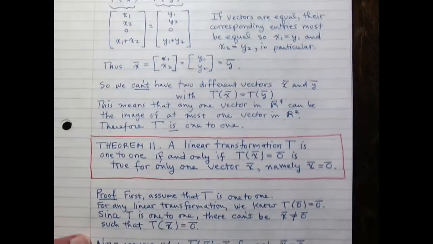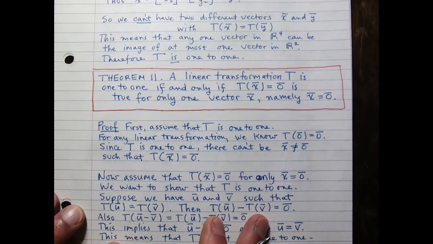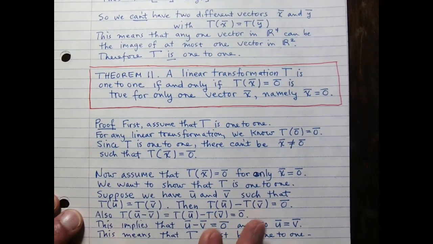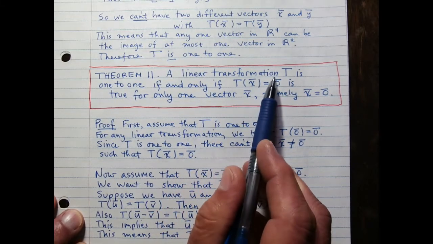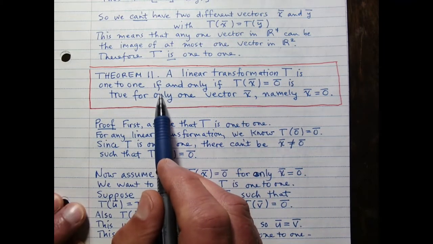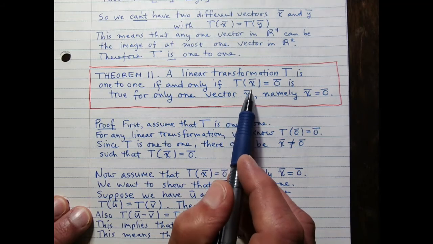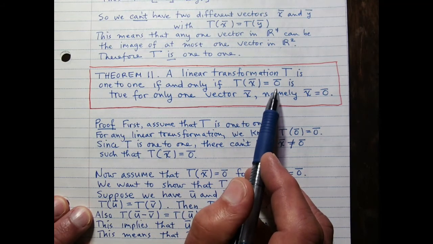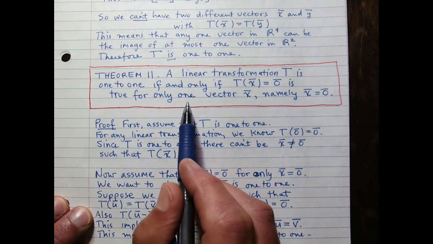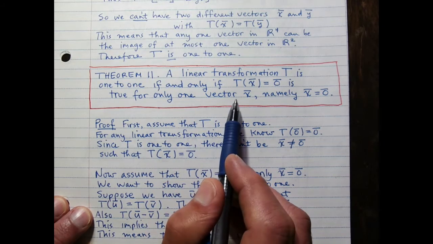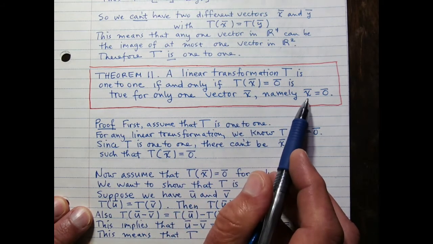Right, now we're going to move on to a theorem related to one-to-oneness. A linear transformation T is one-to-one if and only if T of x equals 0 is true only for one vector x, namely x equals 0.